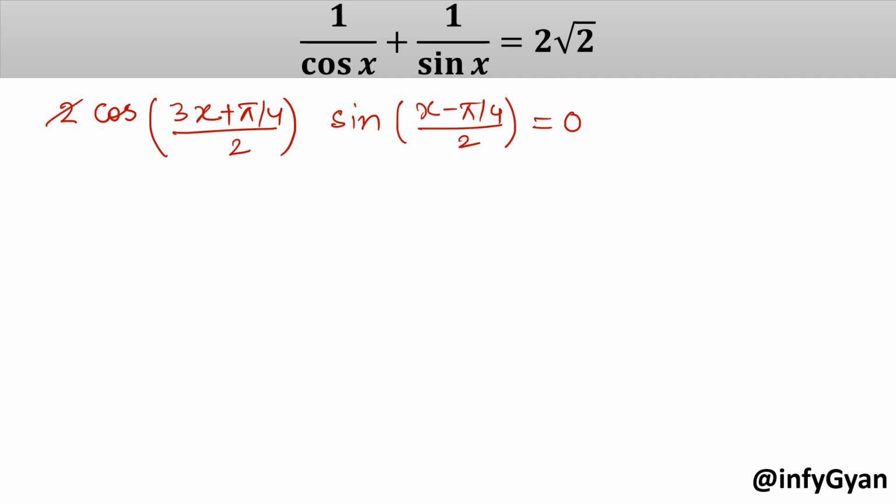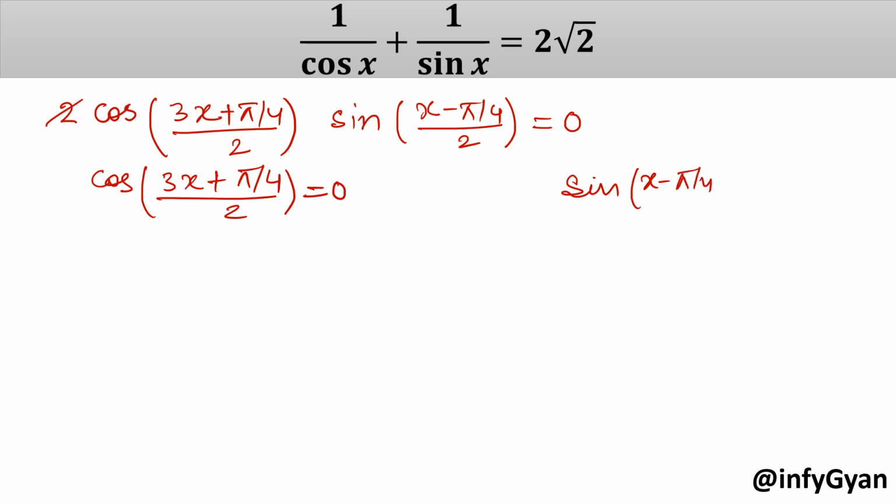Now this equation will hold true if cos of this term equal to 0. This is one case. And the second case is sine of x minus pi by 4 over 2 equal to 0. So from this we will be getting our answer. Let me start with sine of x minus pi by 4 over 2 equal to 0.